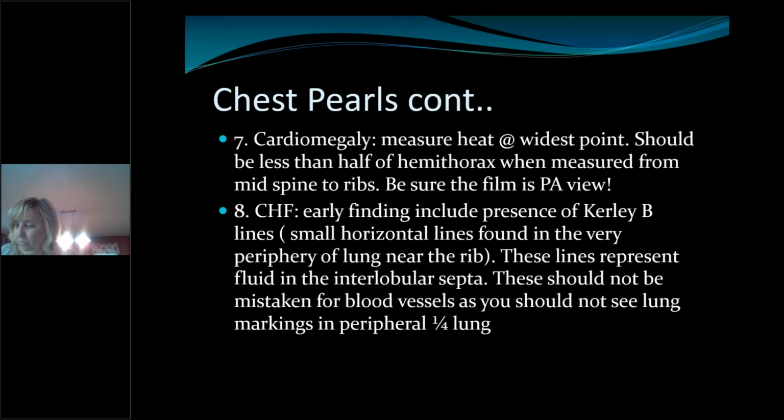A lot of times these will get mistaken for blood vessels. These almost always go east-west as opposed to following the typical lung markings. And you should not see any lung markings out in that peripheral quarter of the lung. So if you're seeing that, you have to ask yourself, wait a minute, is this really vessels, or is this CHF?